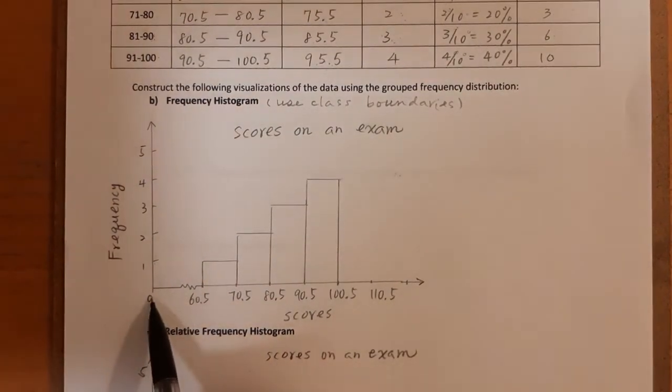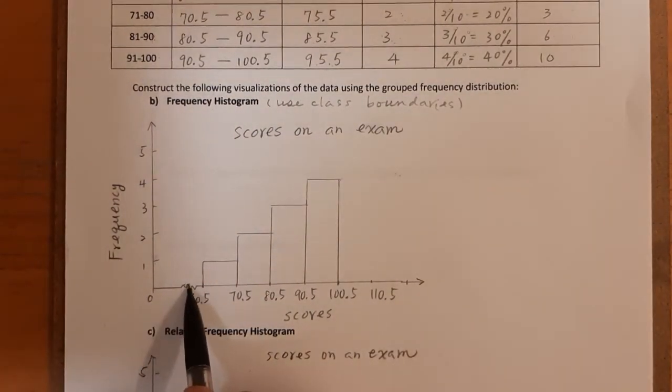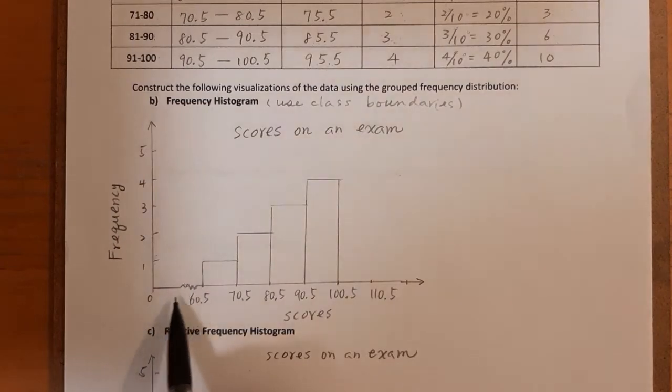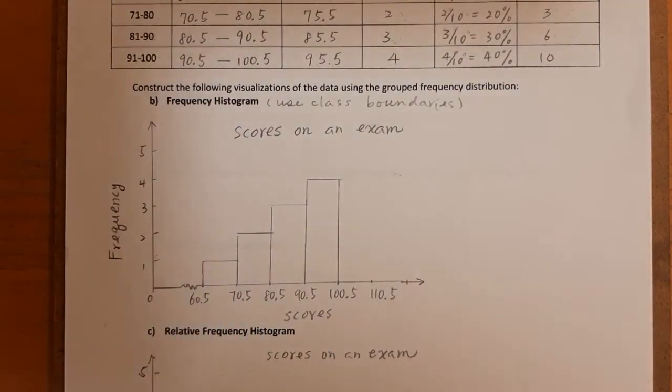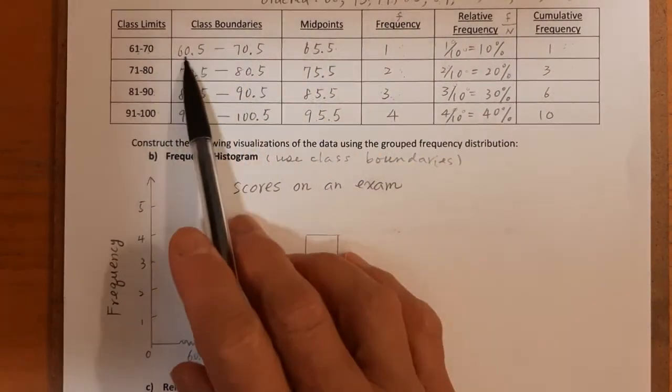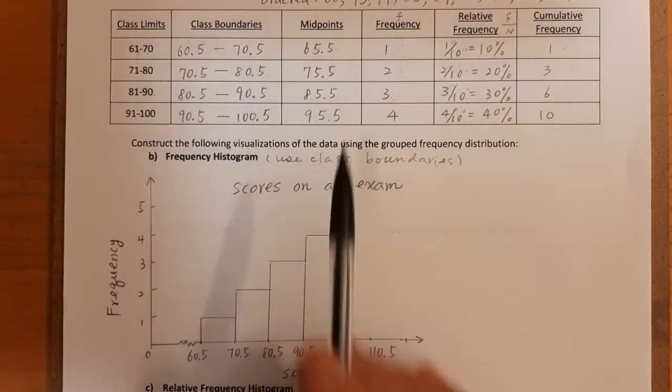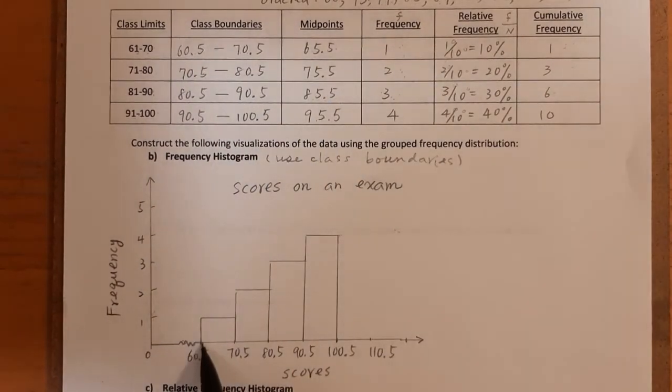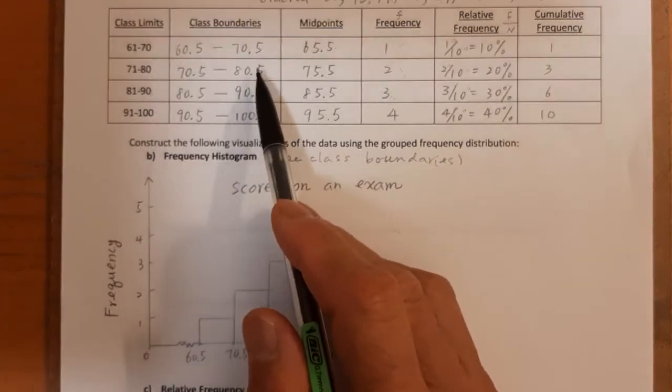And since here it started at 0 and we use this zigzag, that means the numbers in between cannot show up. So we start at 60.5. First boundary from 60.5 to 70.5. Then from 70.5 to 80.5.